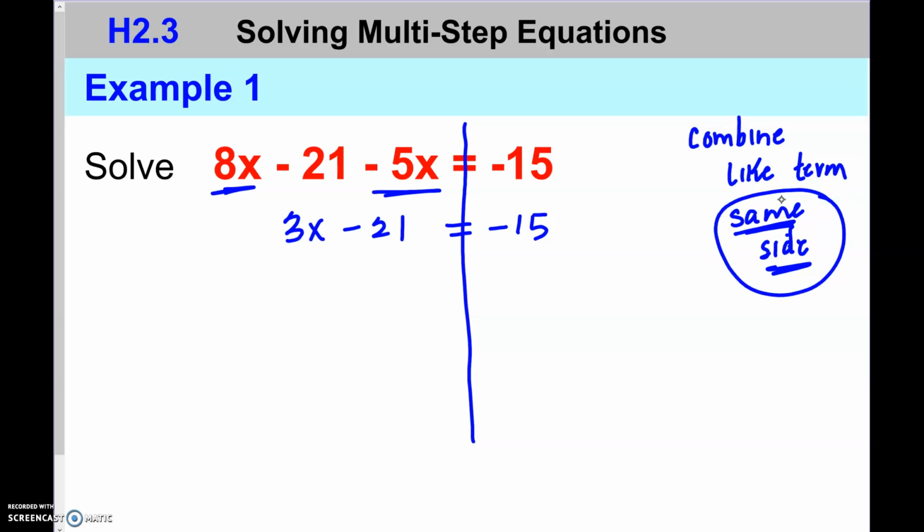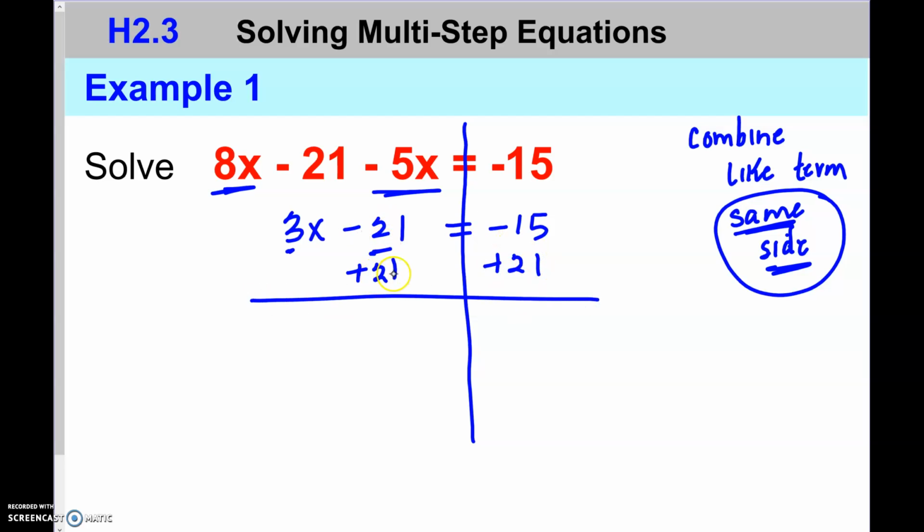So now we're going to have to do things across the equal sign. Whatever we do on one side, we have to do on the other side. And the first thing we're going to do is get our constants together, our numbers. So by the 3x, we have a 3 and we have a negative 21. And because this is a negative 21, we are going to add 21 to both sides.